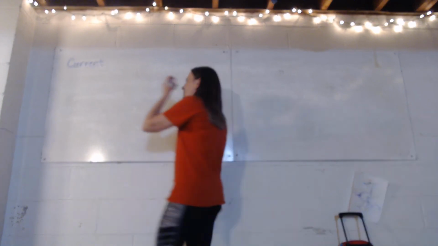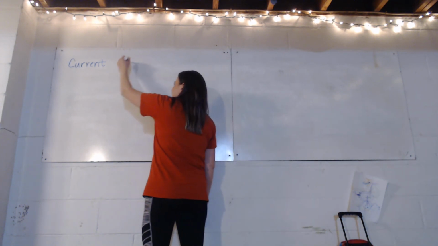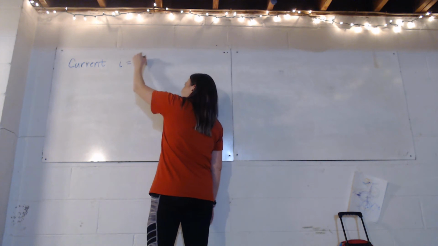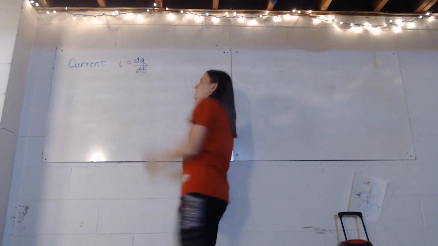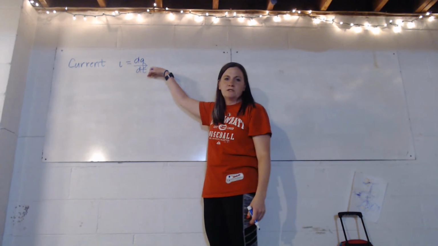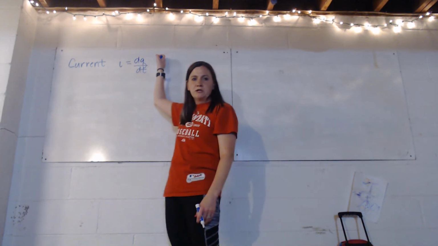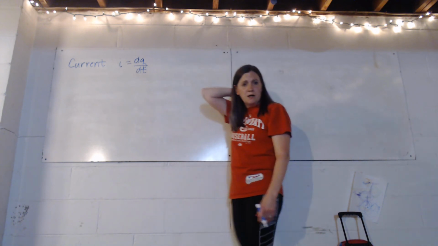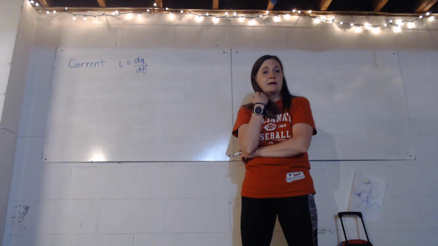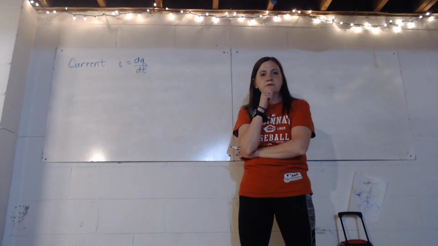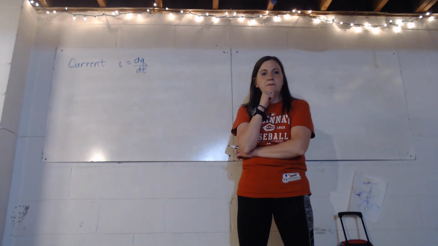We indicate current with the letter I. I stands for current. This is not an equation we'll necessarily use, but if I had some function, Q, remember, is charge, t is obviously time, for how charge changes with respect to time, that rate at which it flows is how I would define current.